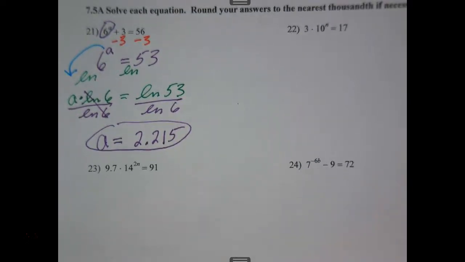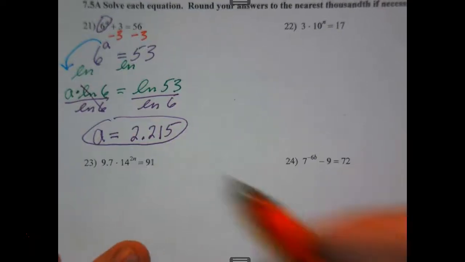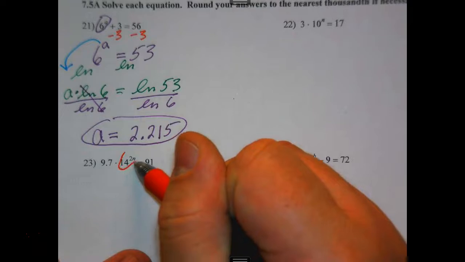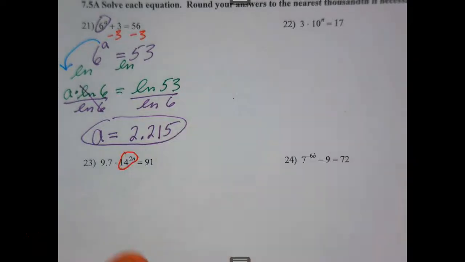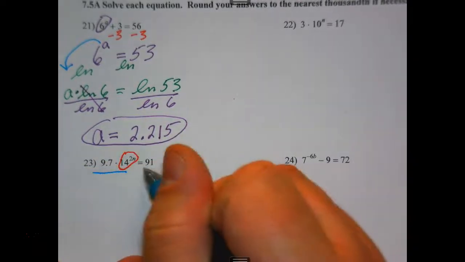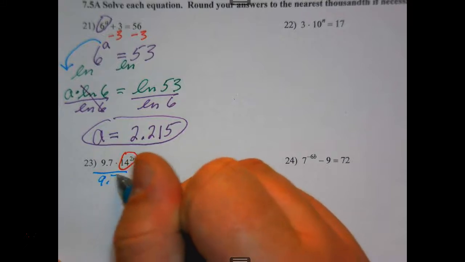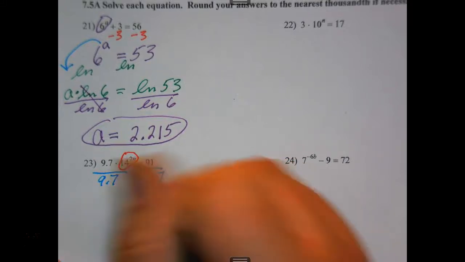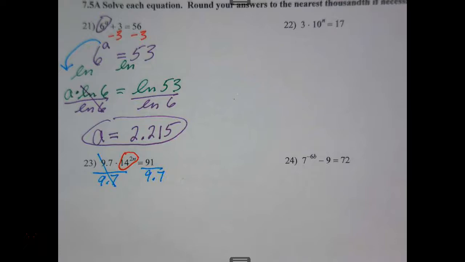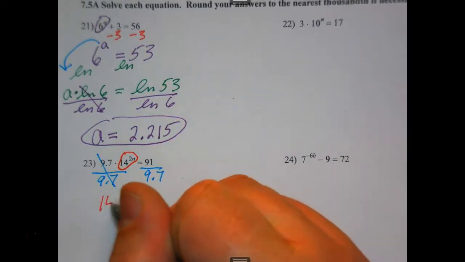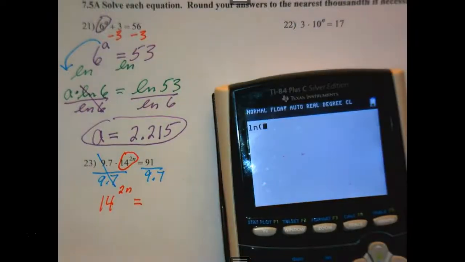Okay, 23, not 22, 23. I have to get my term by itself, so what am I going to do first? Divide by 9.7, right? 91 divided by 9.7. 9.3.